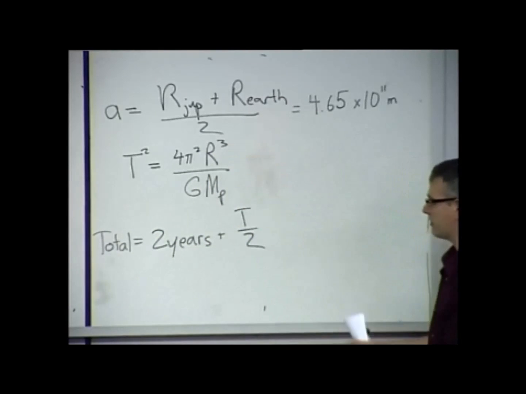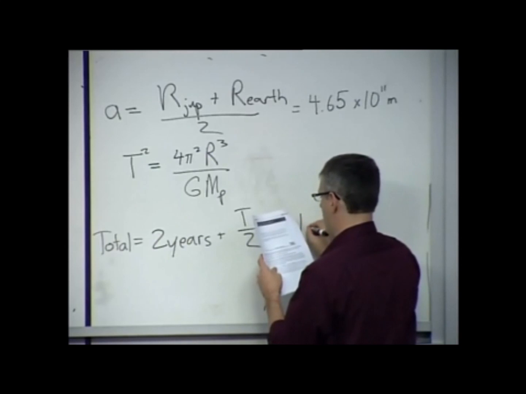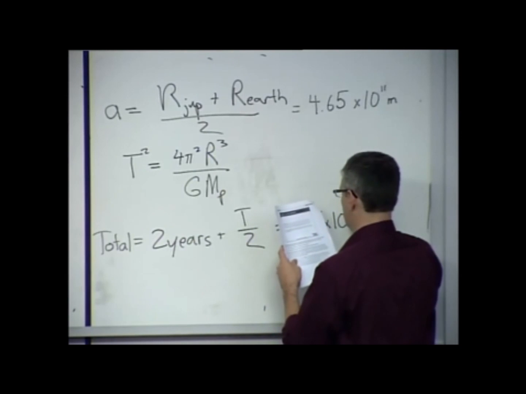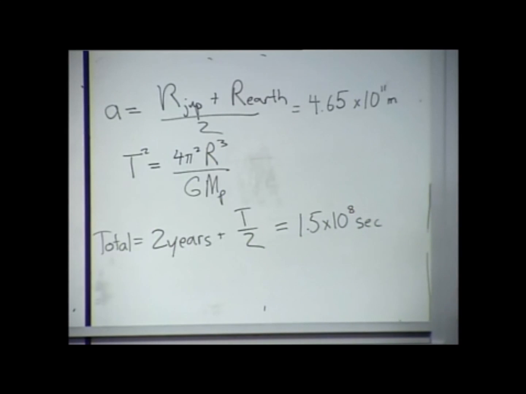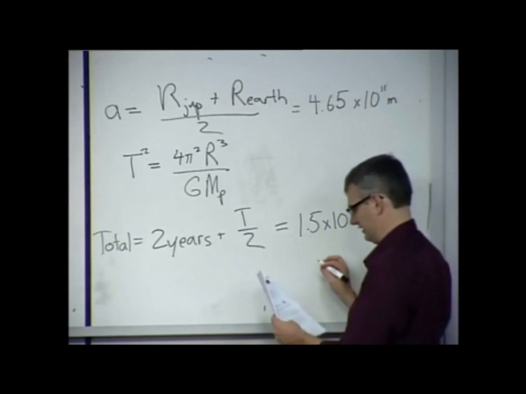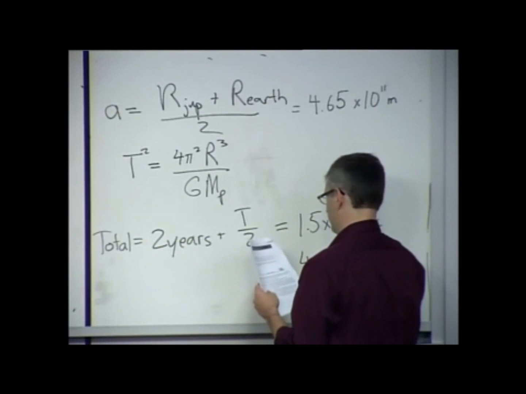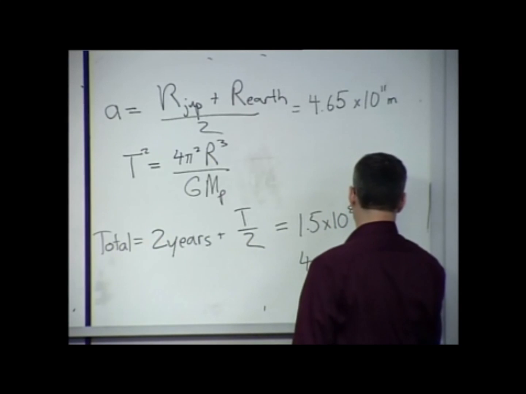If you plug in the numbers that I have over there, you get a total answer of 1.5 times 10 to the 8th seconds. 150 million seconds. Or if you break it all the way down, it's 4 years and 9.2 months.